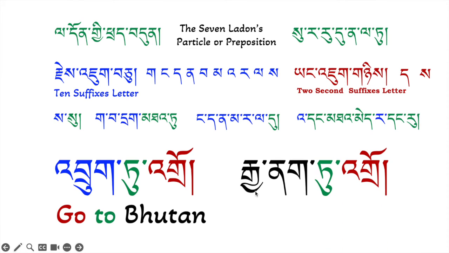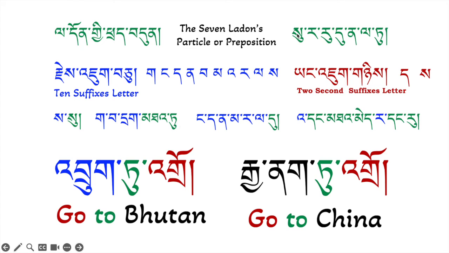And next one is Kyanak tu do. Kyanak is China. Tu is the Ladin particle or preposition, and do is go. Kyanak tu do. So now it's very similar. Look at here. This is suffix ka. After the suffix ka, what preposition can I use?